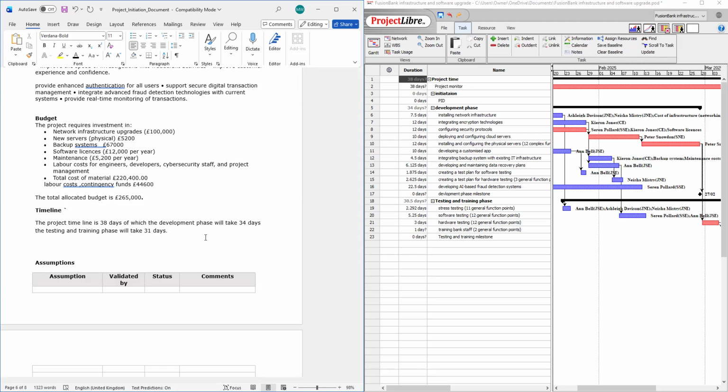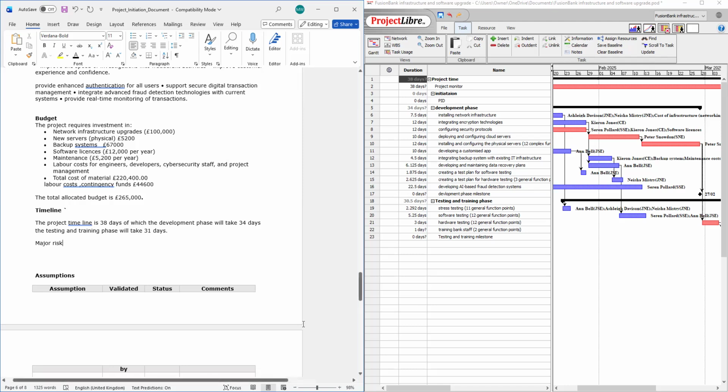Done. Now, major risk. That's the other one. What are the major risks of this project? So we're going to look at the major risk of the project. And you just have to look at your risk.